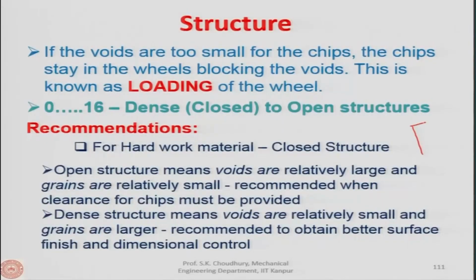Suppose we have the grinding wheel like this, and the glazed or loaded layer will be on the top. This is the grinding wheel axis, and it is rotating. This is the wheel, and these are the grains.